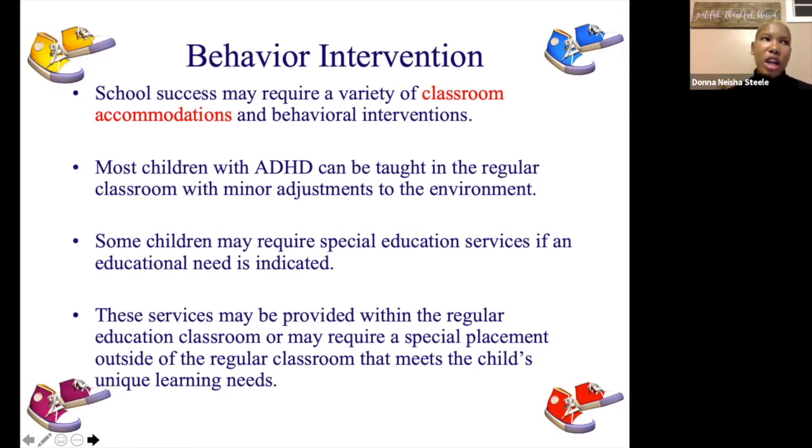So with minor adjustments to the environment. We have what is called a 504 plan here, which is not an IEP. It's just a list of accommodations that members of the team sit down to formulate, based on a given disability or illness.